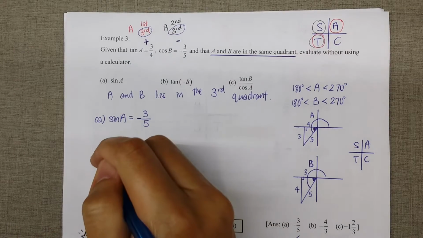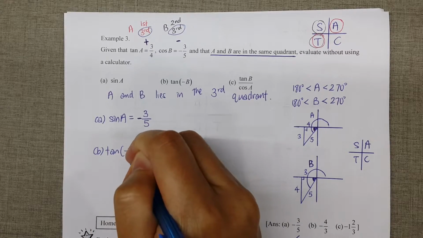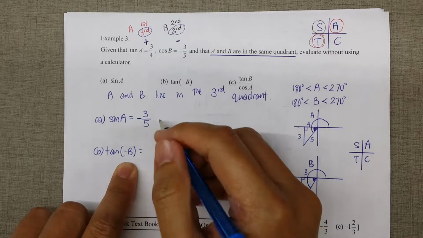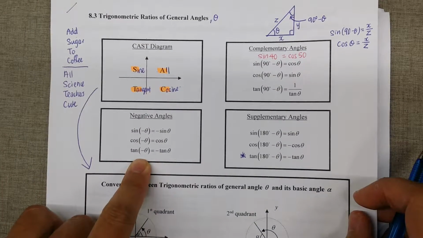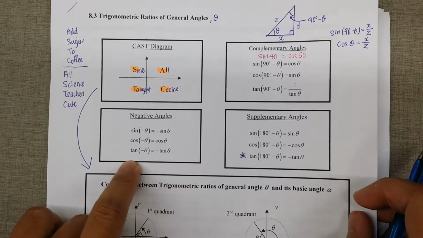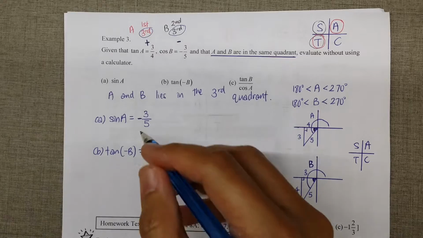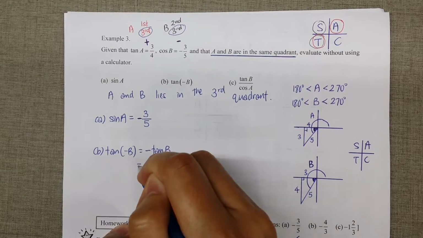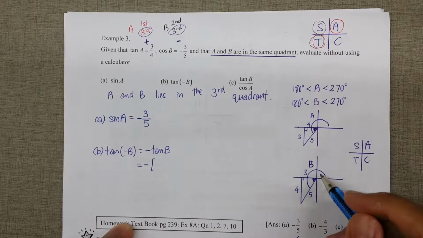Okay, next. Part B. Tangent of -B. When you see negative angles, refer to the formula. Tangent of negative theta equals negative tangent theta. Tangent of negative B equals negative tangent B. What is tangent B? Look at the same diagram.